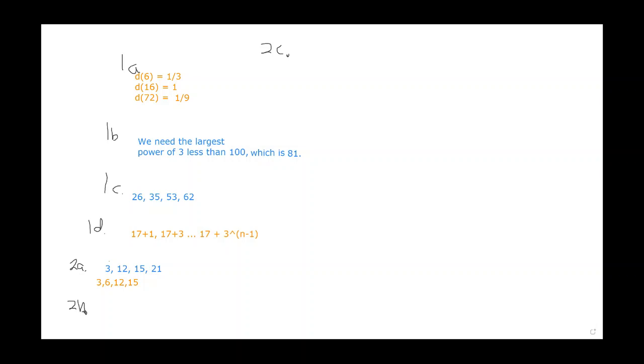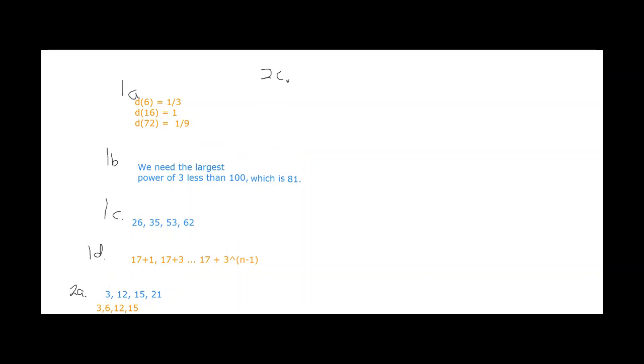So this would be the 10 smallest positive integers for which the largest power of 3 that divides the integer is 27.